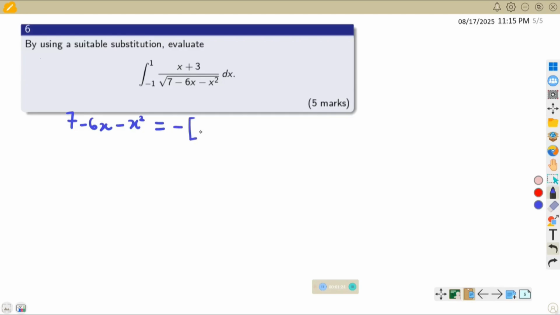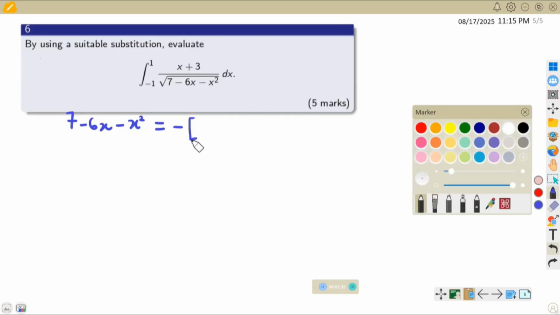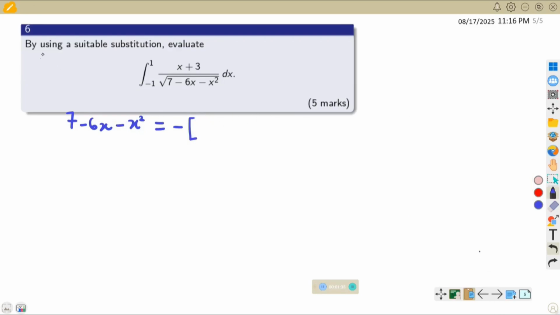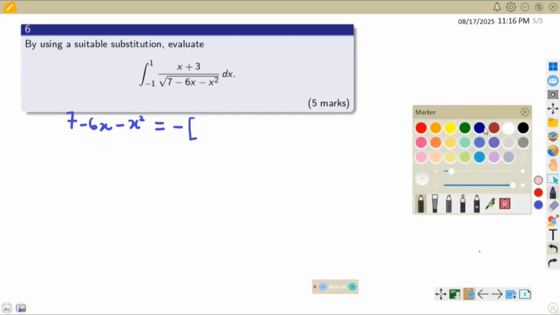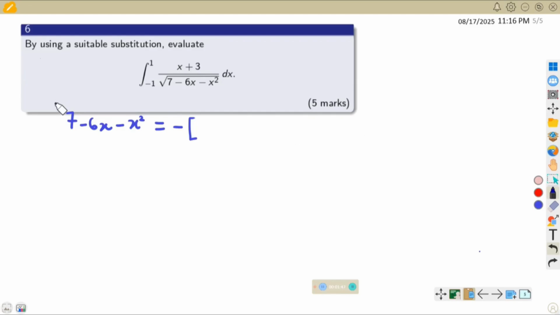We shall remain with x squared plus 6x minus 7. We have pulled out a negative, and later we are going to complete squares. So we shall have x squared plus 6x.